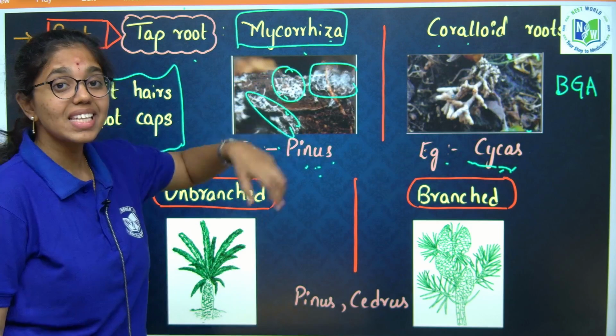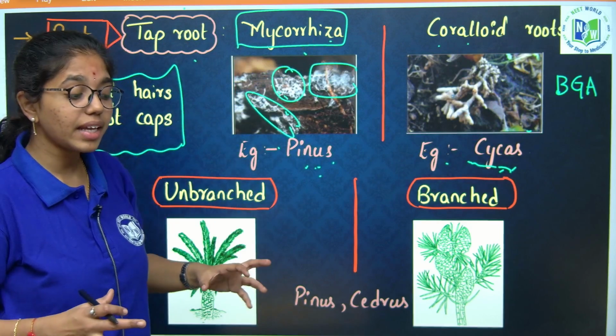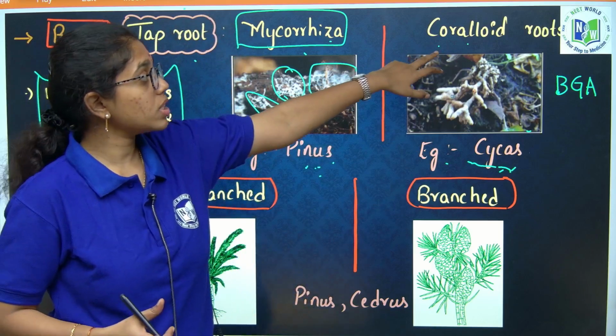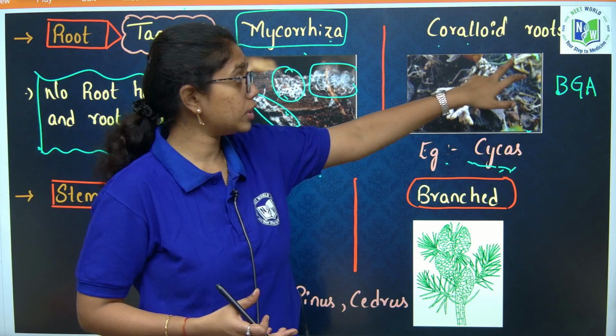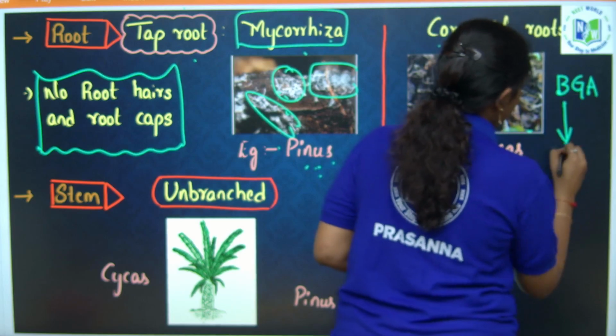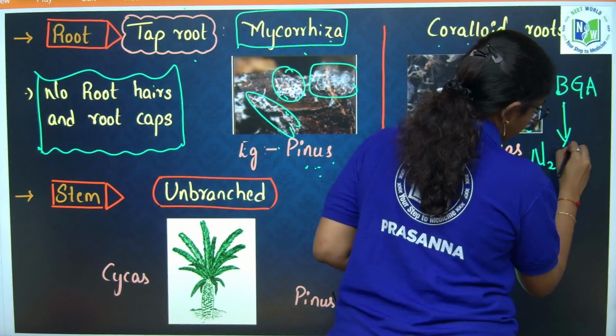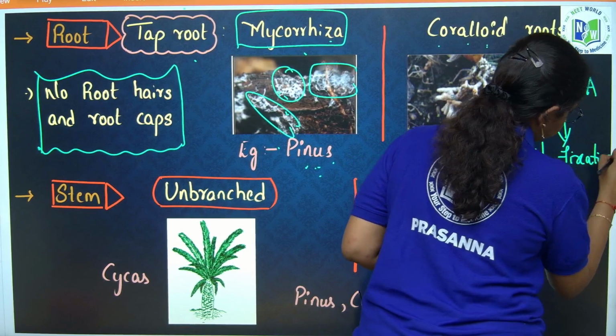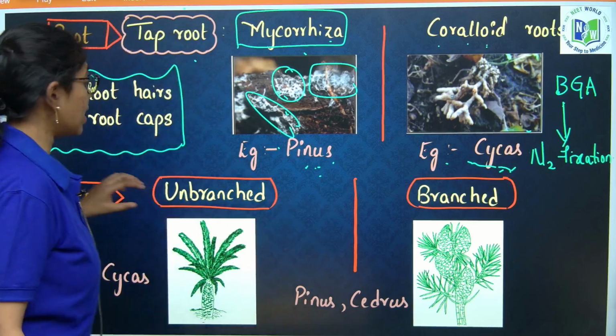Association with fungus increases absorption of water and minerals. The blue-green algae in the coralloid roots of Cycas is helpful for nitrogen fixation.